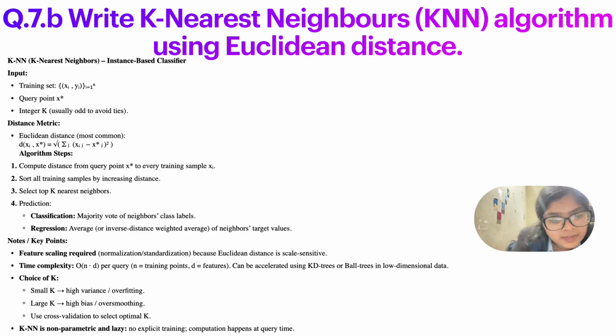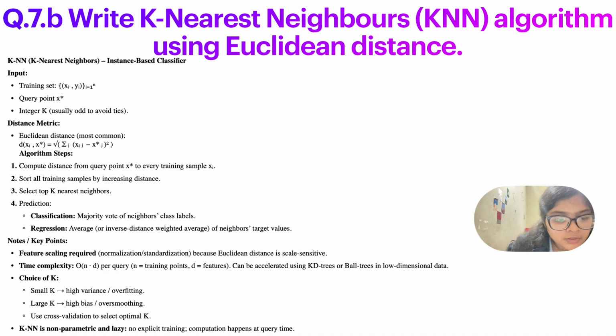Time complexity is O(nd) per query, where n is the number of training points and d is the number of features, and it can be accelerated using KD trees or ball trees in low-dimensional data.